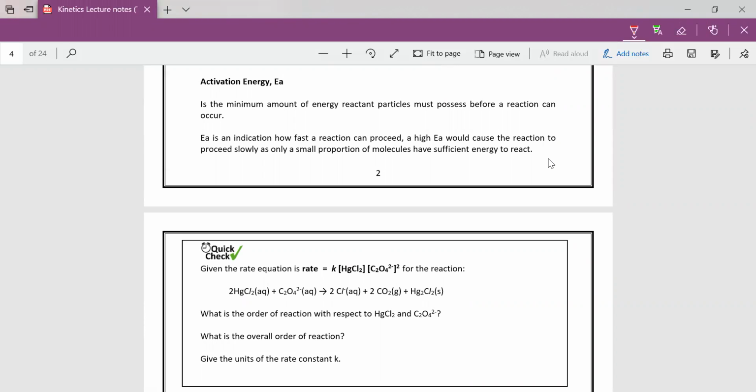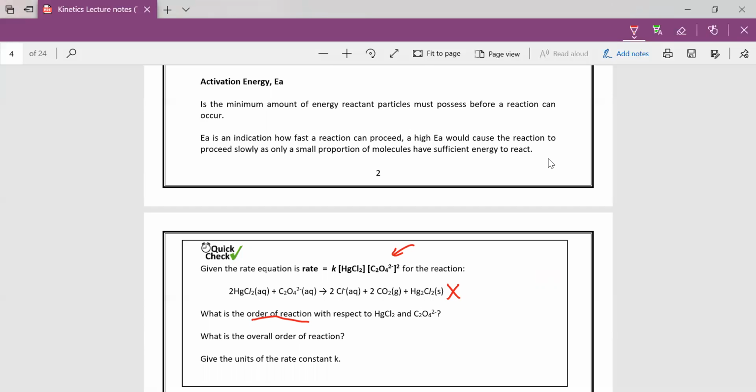Given that this is the rate equation for the reaction, which is given to you, what is the order of reaction with respect to each of the reactants? For order of reaction, you do not look at the balanced equation, you look at the rate equation.